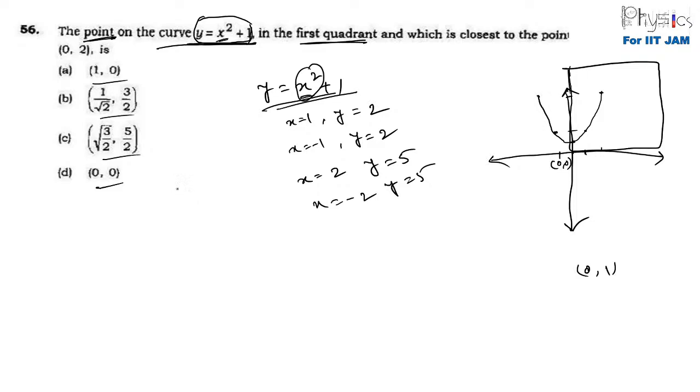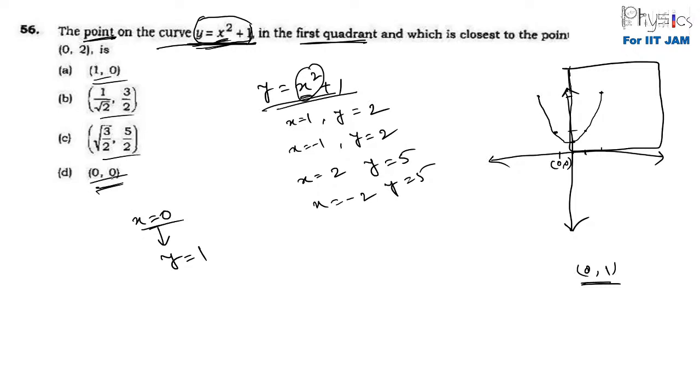Okay, now let's see which are on this curve. See, this (0, 0) will not satisfy this equation. If we put x equals 0, it would give us y equal 1.